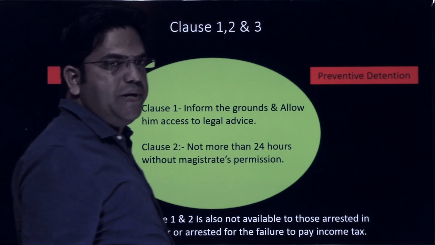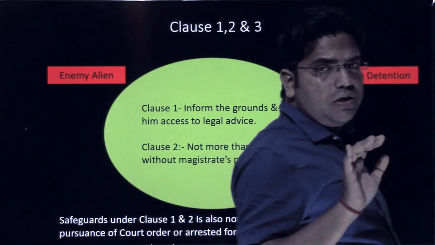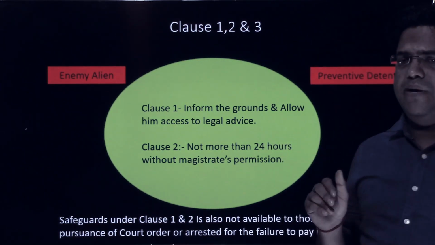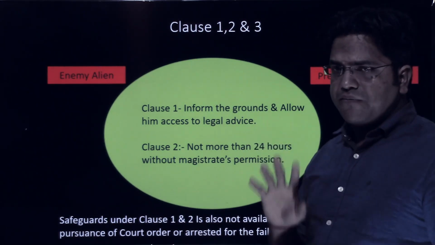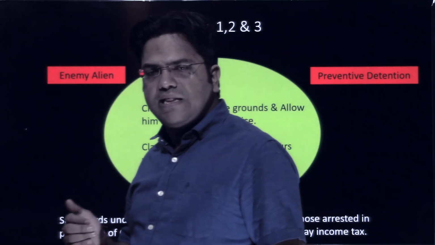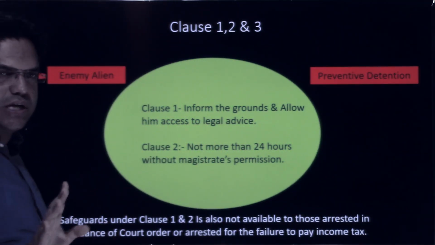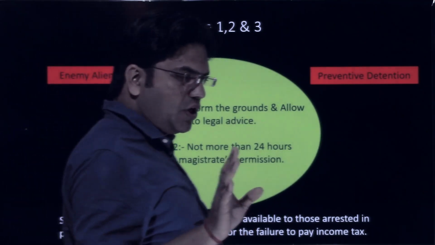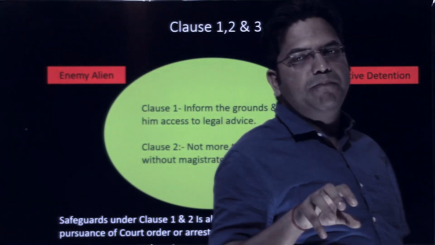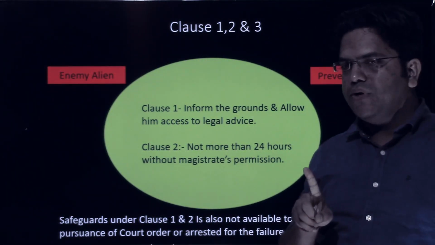If you have been arrested on the orders of the court, or arrested on the order of a court for the violation of any contract, in that case you cannot enjoy these clauses, because again, understand the rationale. The court, after looking into the merit of the case, has already issued an order to the police to arrest you.